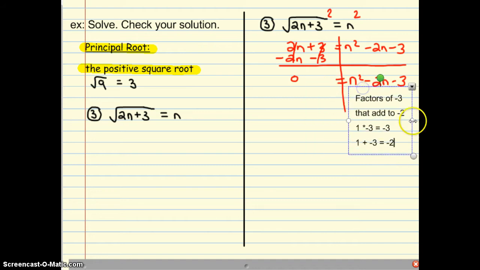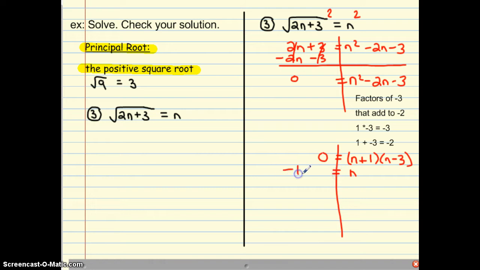So what we're going to do is we're going to factor this down, and we will have n plus 1 and n minus 3 is equal to 0. And you may recall from the previous chapter that that would give us n is negative 1 and positive 3.